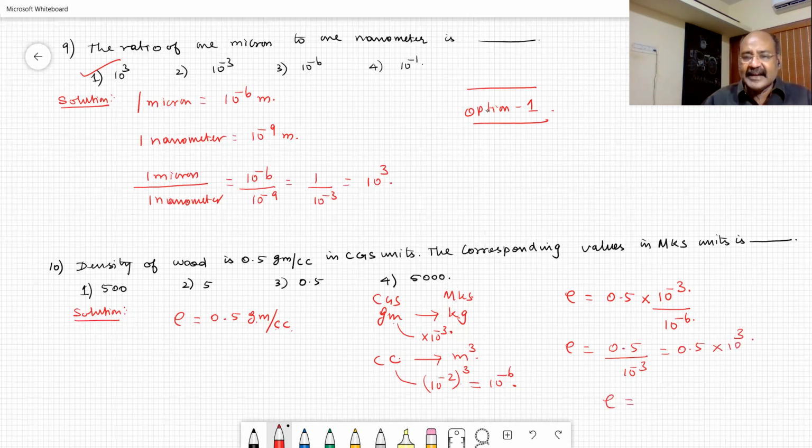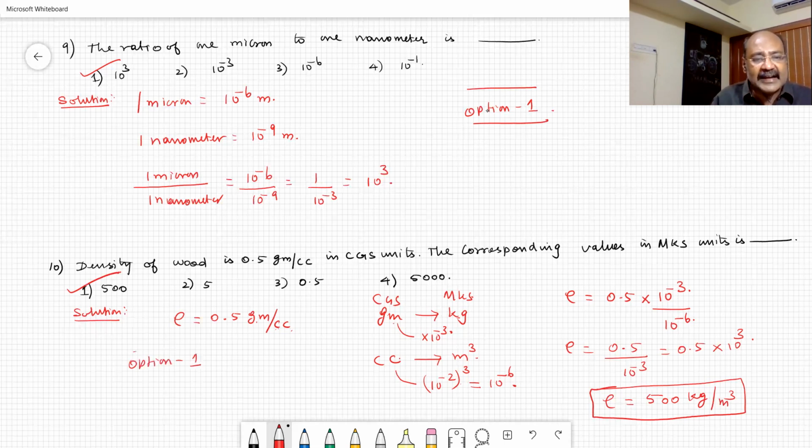So the density is equal to 500 kilogram per meter cube, the answer that we need. So the first one is the answer, option 1 is the correct answer.